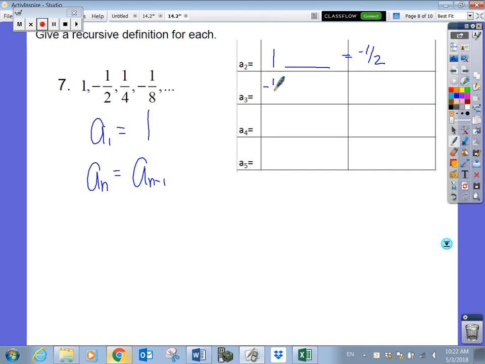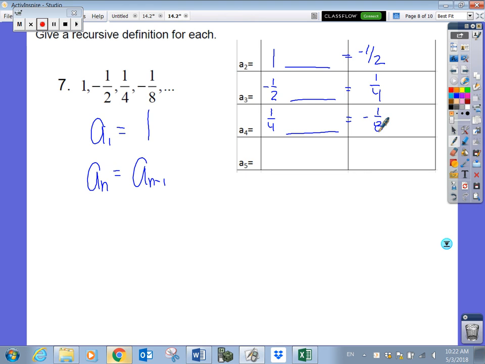And then we're going to take negative 1/2 and do something to that to get positive 1/4. Then we're going to take 1/4 and do something to get negative 1/8. So again, if you don't see patterns very easily, then this chart might be something that helps you. Nothing that I would ever have to see, just something that might help you get the pattern down.